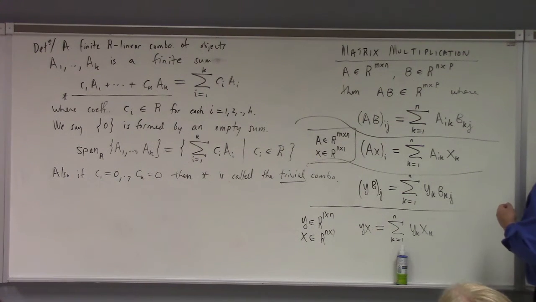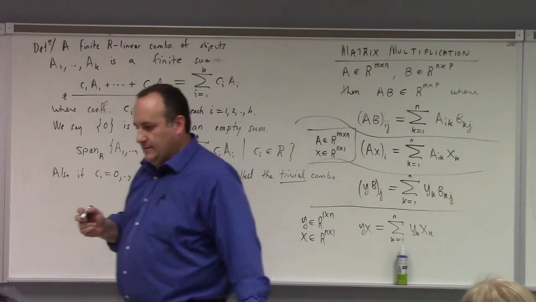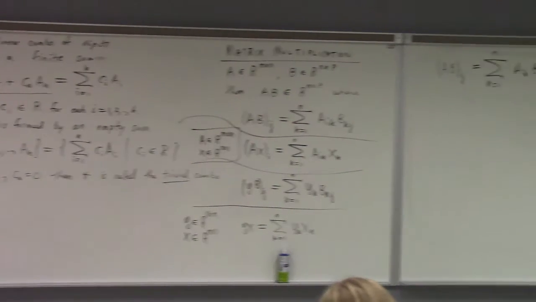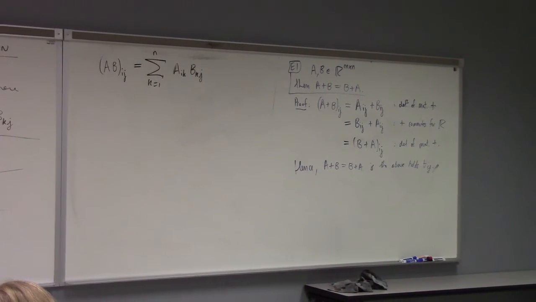So check this out, like (AB)ij is equal to the sum k equals 1 to n of a_ik b_kj. All right. So can you guys rewrite that in terms of rows of A and columns of B?